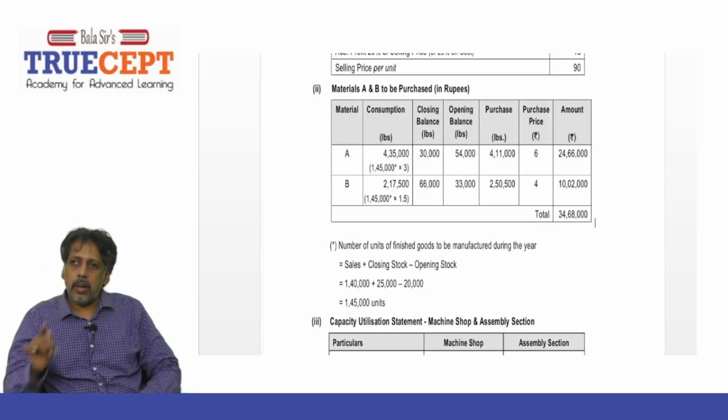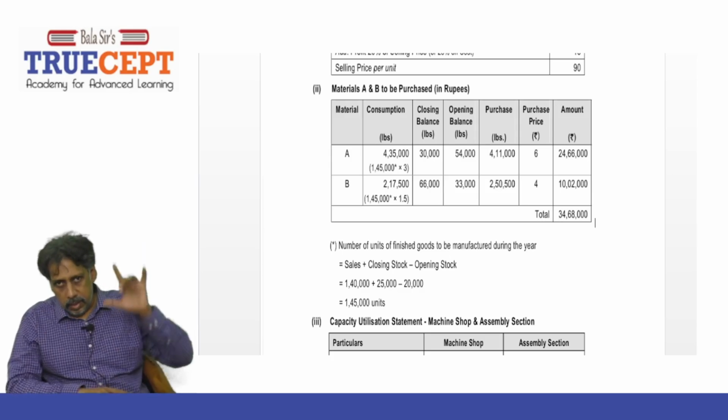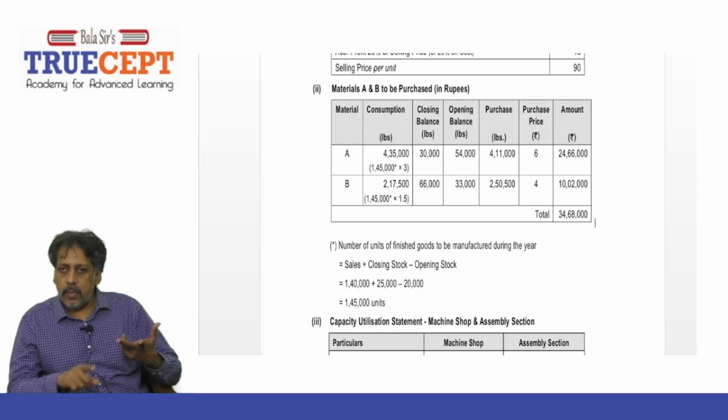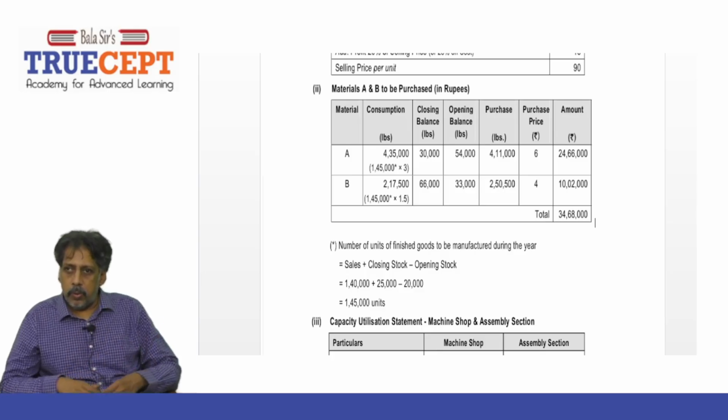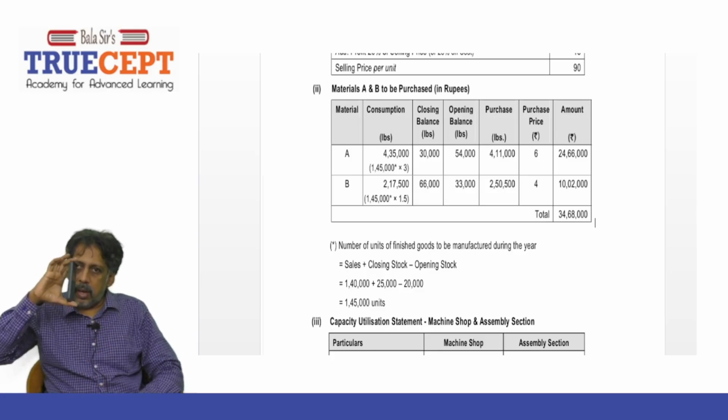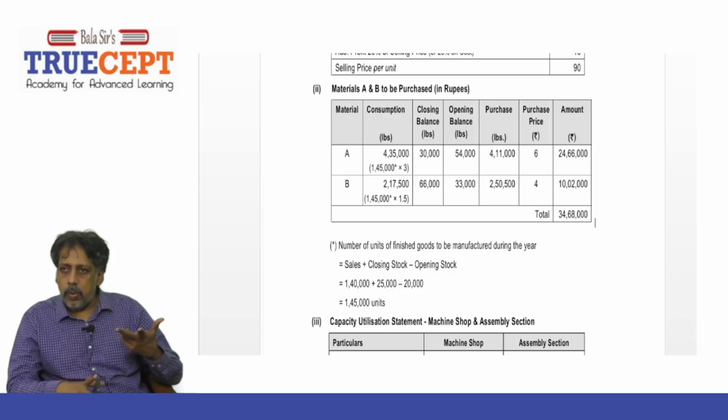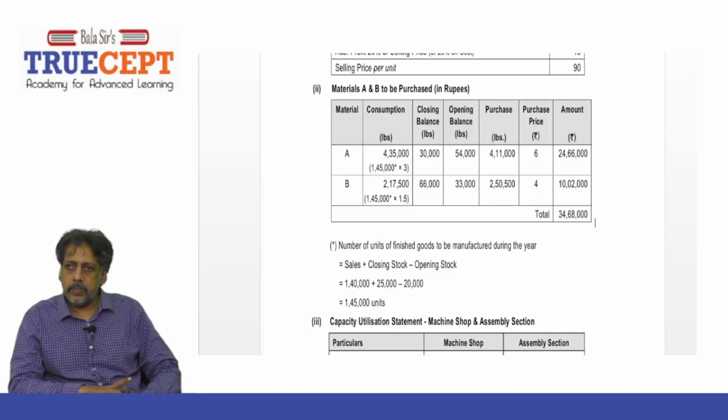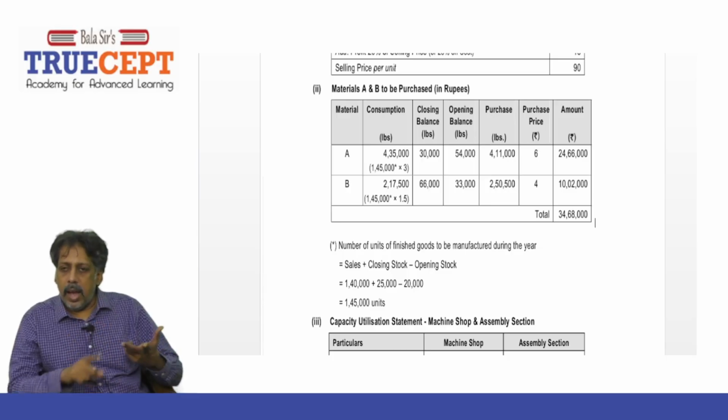Now find for B. 1,45,000 units will be produced of this product. It requires 1.5 pounds, so into 1.5 gives you 2,17,500. Then add a closing balance, 66,000, minus opening balance, 33,000.